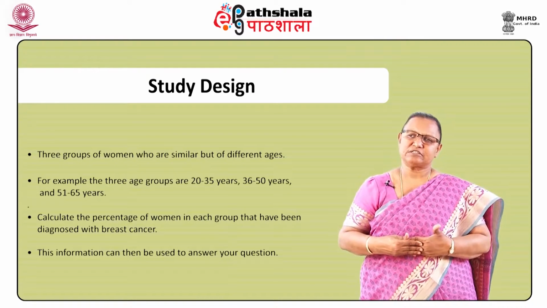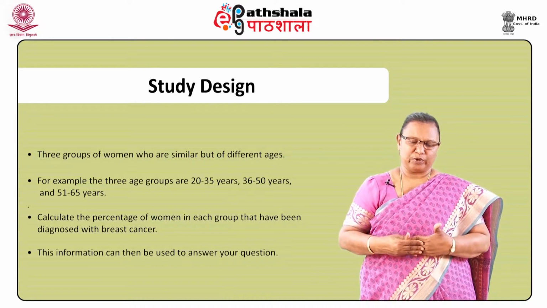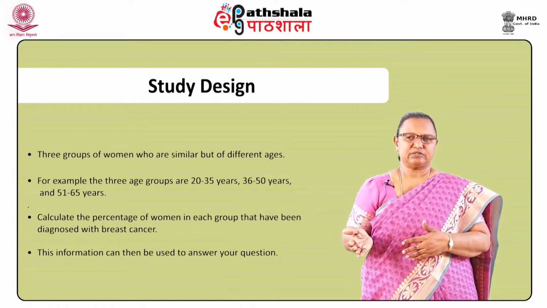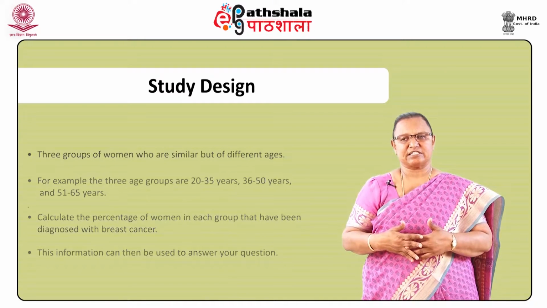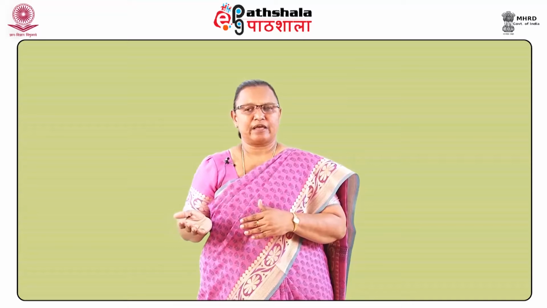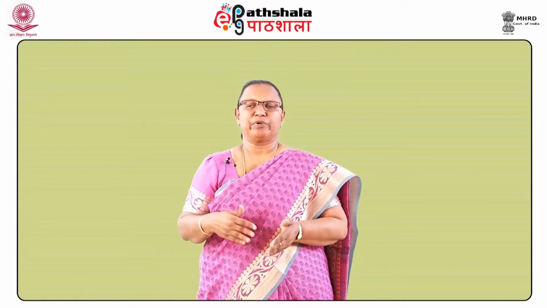So what was your question? You wanted to know whether women with increasing age have breast cancer. So in this study, you can find out the prevalence of breast cancer in the three groups of women and find out whether older women have a greater prevalence of breast cancer compared with the younger age group.